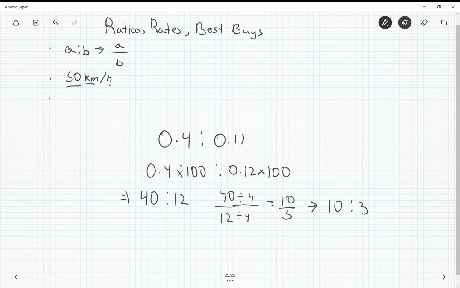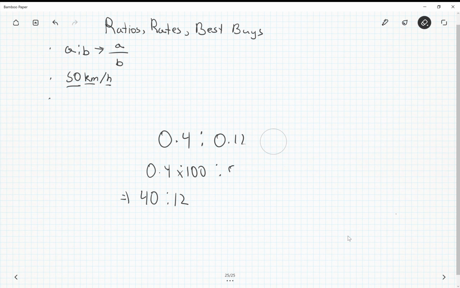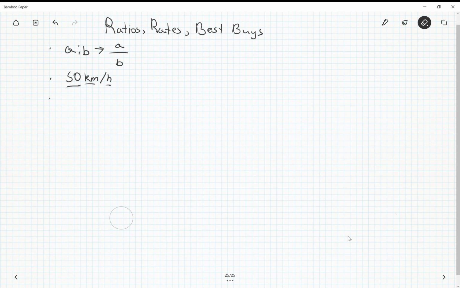Now, let's go on to something called best buys. So the way we can use ratios to help us in best buys is to see which one is the smaller number. So I'll just use one question as an example.